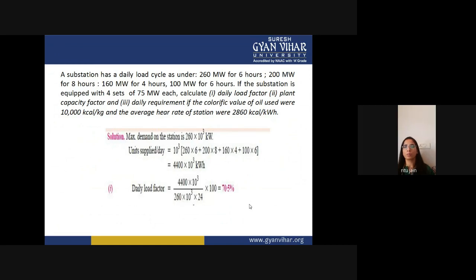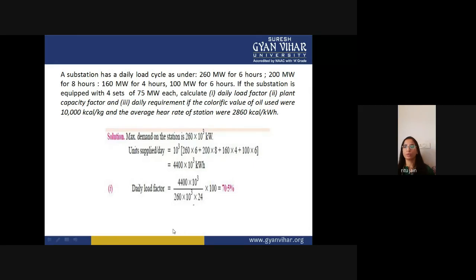This is very important to study: the problem in which we are given a load cycle where 260 megawatt is required for 6 hours, 200 megawatt for 8 hours, and 160 megawatt for 4 hours. So you can calculate the units generated by this substation.